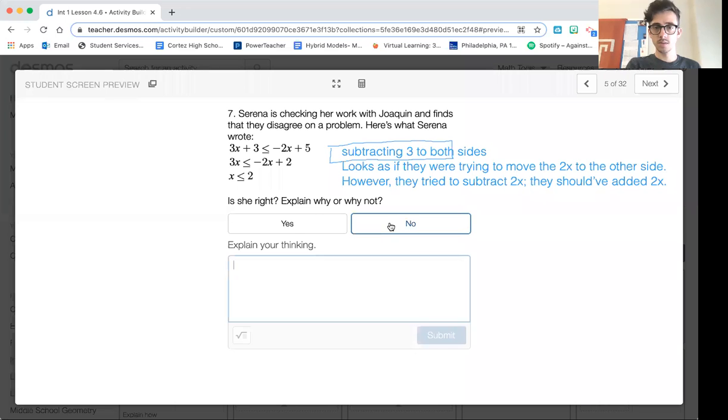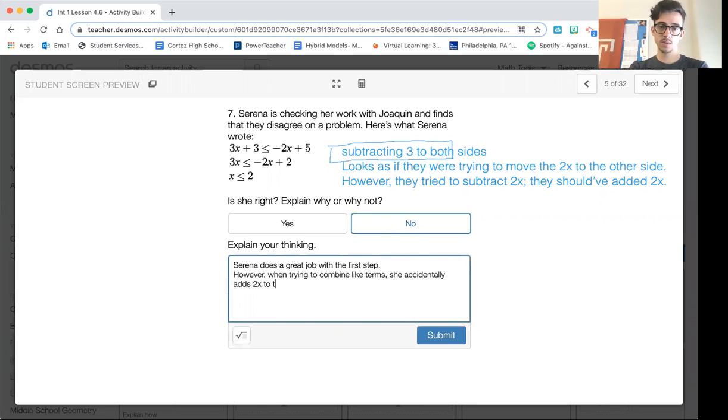Let's give this a shout. Serena did a great job with the first step. However, when trying to combine like terms, she accidentally subtracts 2x on the left side.